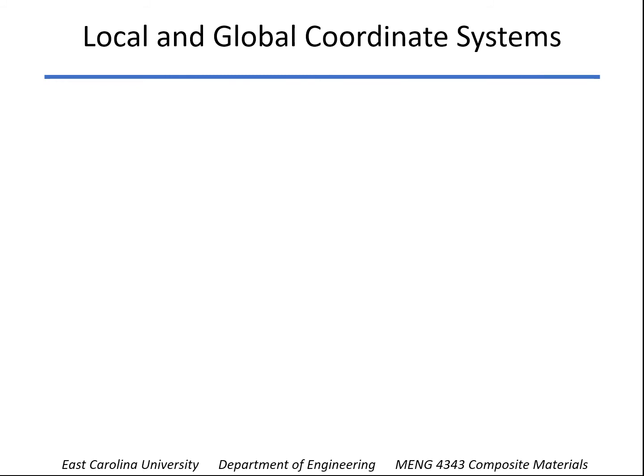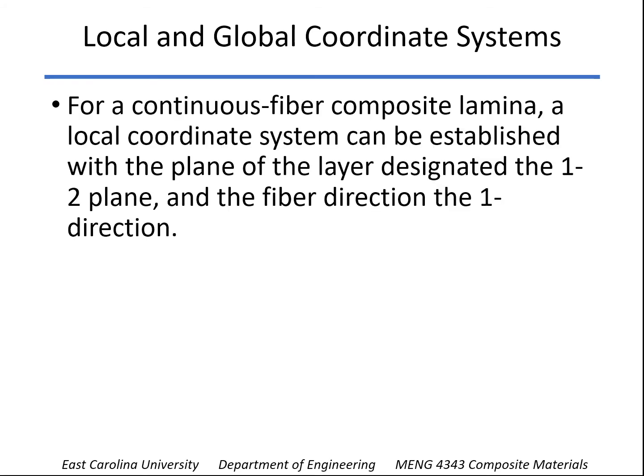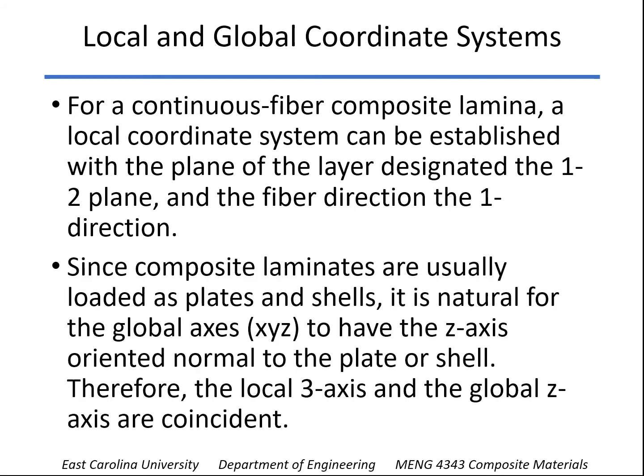When we look at a composite layer, a lot of times we'll characterize its properties in what we call the local coordinate system. So the plane of the layer we call the 1-2 plane. The fiber direction we'll say is the 1 direction. But then that layer is going to go into a structure for which we define a global coordinate system. Most composite laminates are usually loaded as plates and shells.